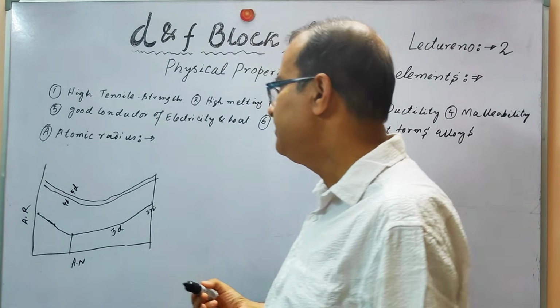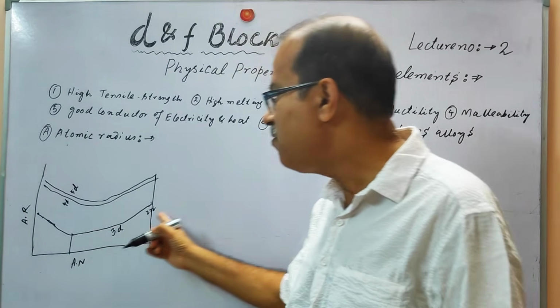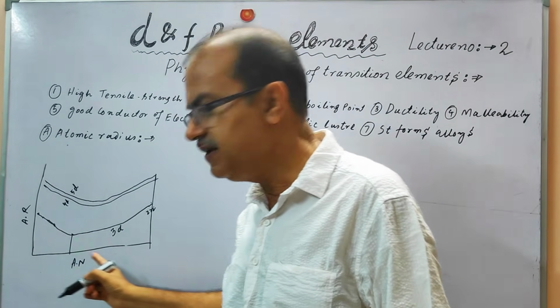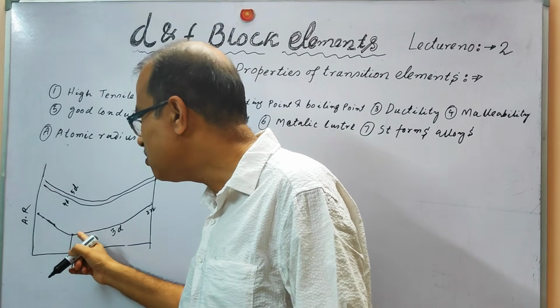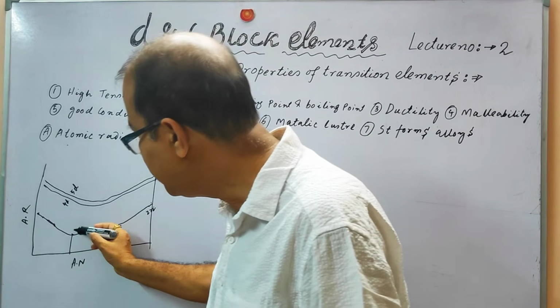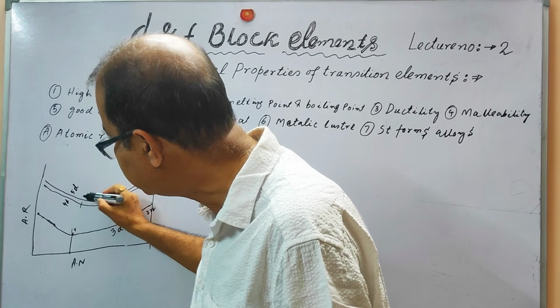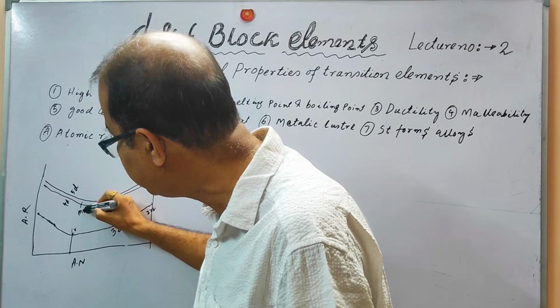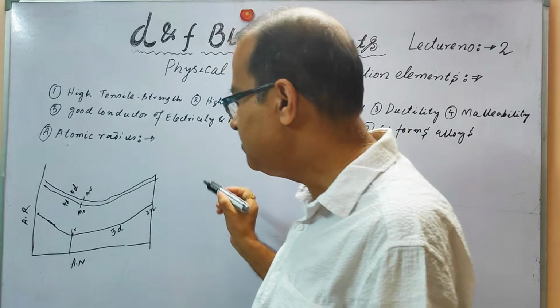What we will find from this diagram is that as the atomic number is increasing, the radius goes on decreasing, and at the middle of the series, this is chromium, and then molybdenum and tungsten, there is a maximum decrease.